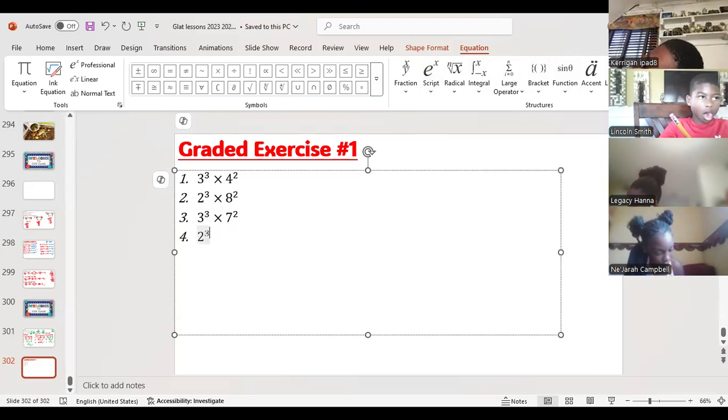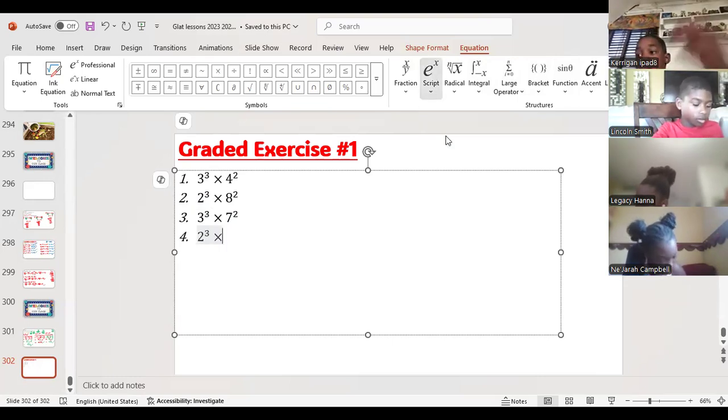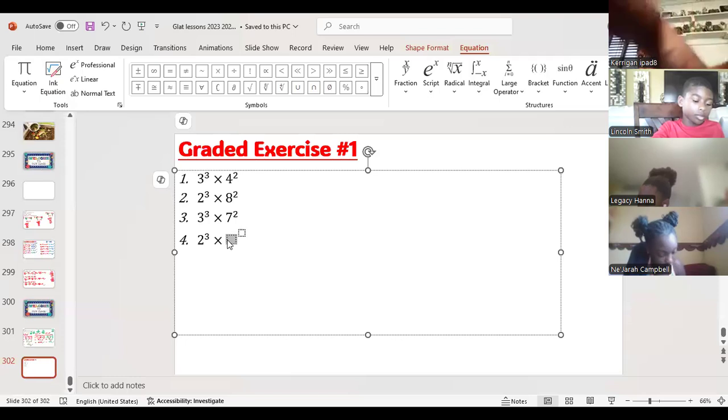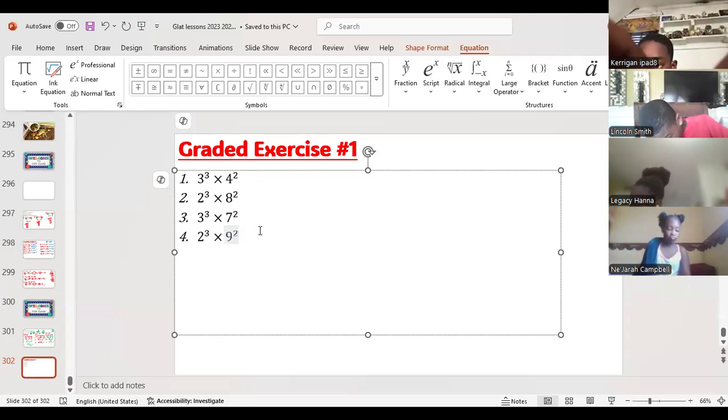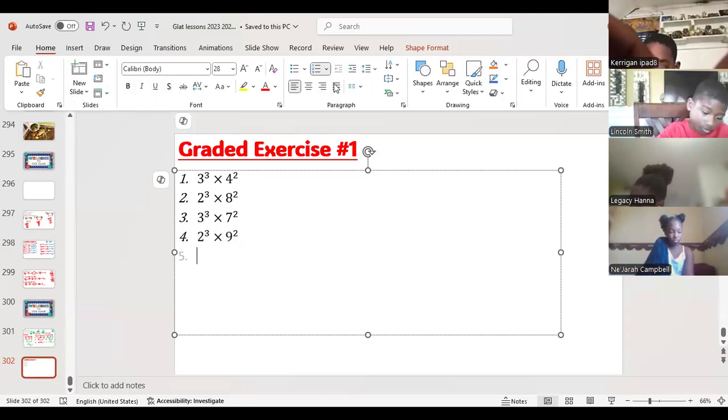Next, two to the third power multiplied by 9 squared, and finally 3 to the third power.